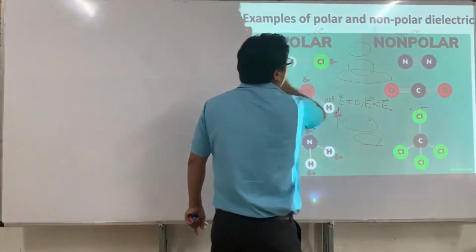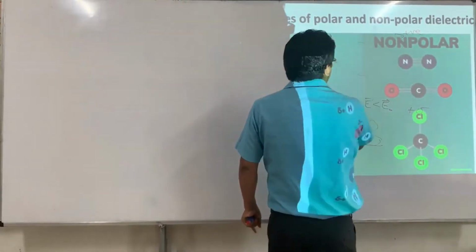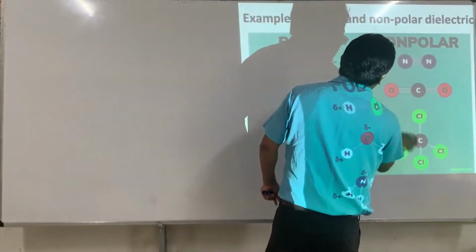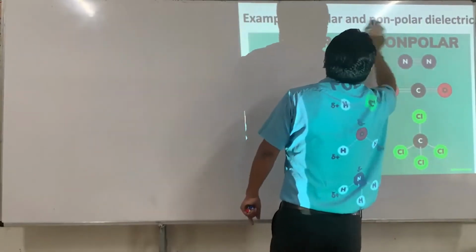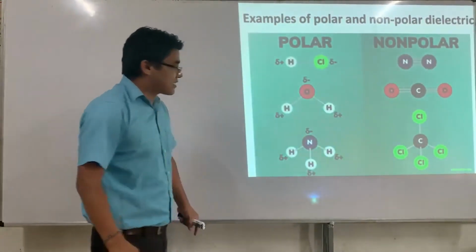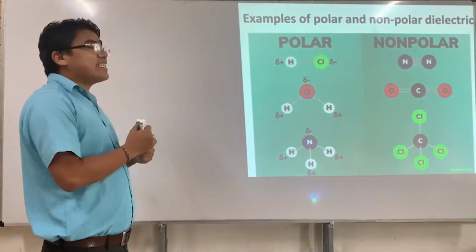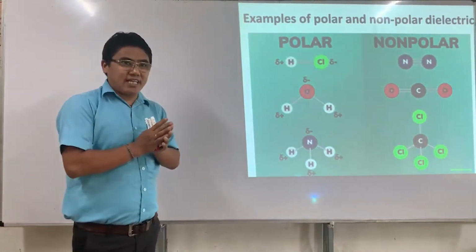So just now I defined that a dielectric is a non-conducting material which does not conduct electricity and which has no free charge carriers. Normally there are two kinds of dielectrics, polar dielectrics and non-polar dielectrics.